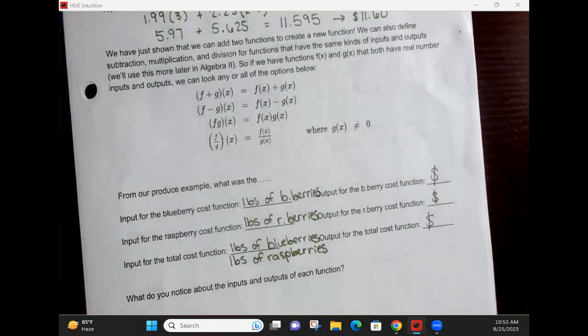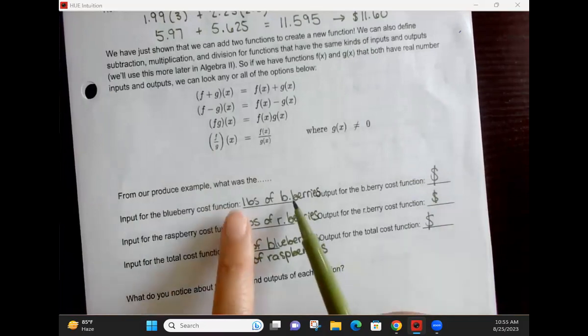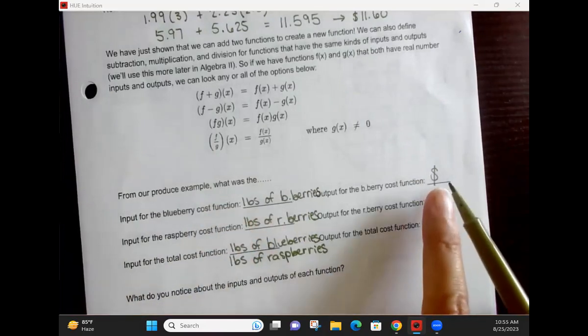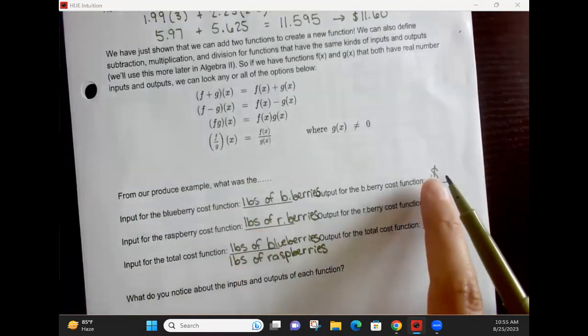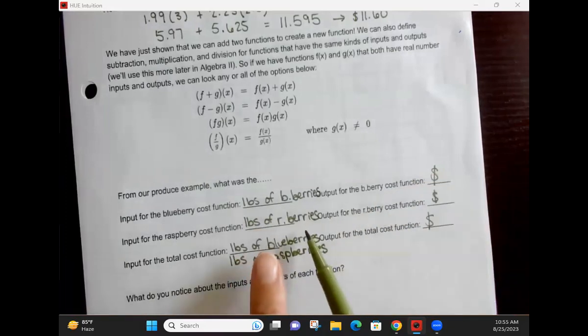For a composition of functions, here's the difference. I have a first function, I put in the input, I get out the output. For my second function, when I'm composing, the input is the output from the first thing. And then I get a brand new output. So that's going to be the difference for today.